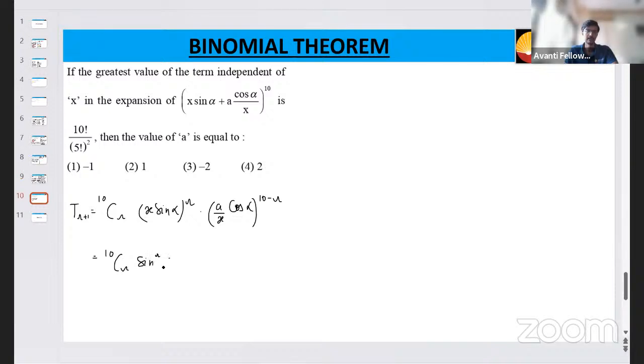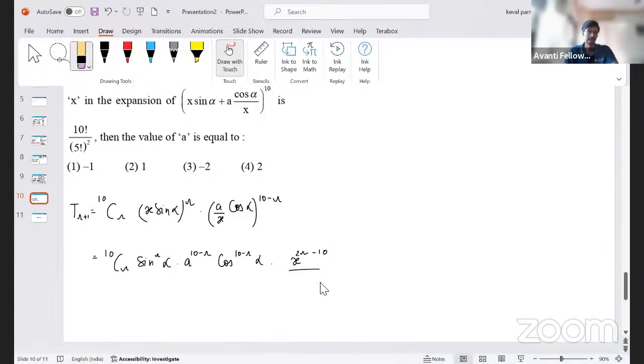Sine r alpha into a 10 minus r cos 10 minus r alpha into x raised to the power r upon x 10 minus r, 2r minus 10 हो जाएगा.